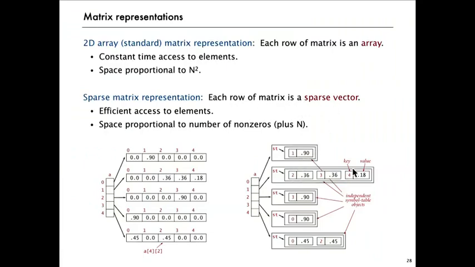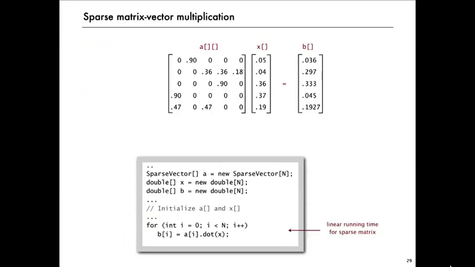We can iterate through the elements in constant time, and with the hash table even get at them in near constant time, constant time on average, but the space is only proportional to the number of non-zero elements, plus n for the extra symbol table overhead. So those are independent symbol table objects, but they allow us to have a much more efficient matrix multiplication method.